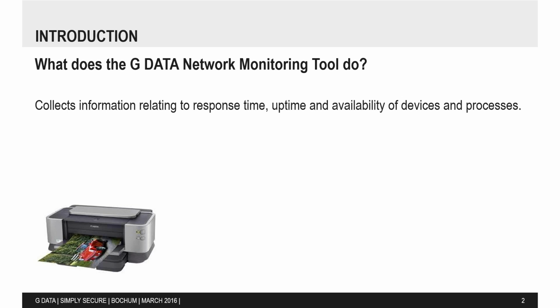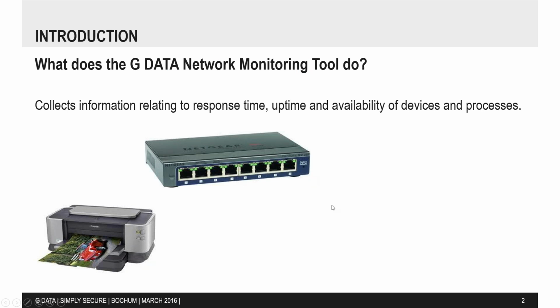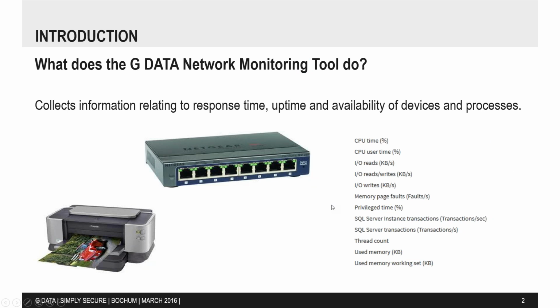So we can collect information about the availability and uptime of devices on your network. So it's not only printers, switches, routers, it is also processes that are running on particular machines on the network.